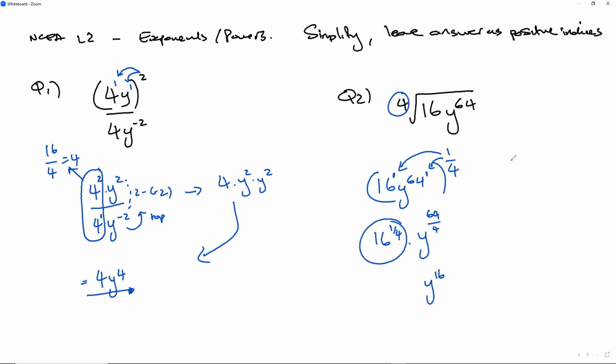And the fourth root of 16 is a number that can multiply by itself 4 times to get to 16, which is 2. 2 times 2 is 4, times 2 is 8, times 2 is 16. So the fourth root of 16 is 2, or 16 to the quarter is 2. So this will be 2y to the power of 16.